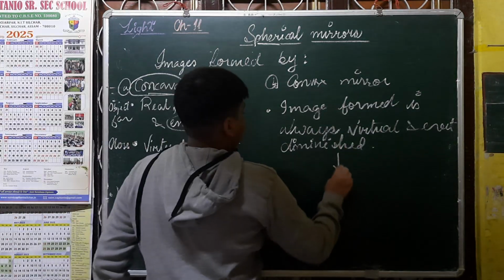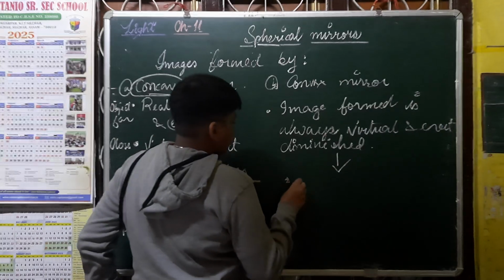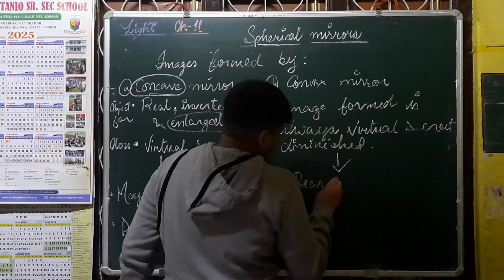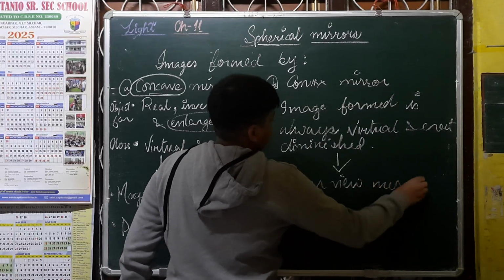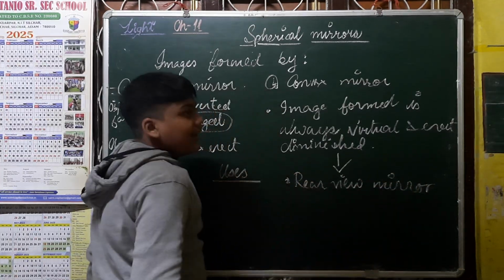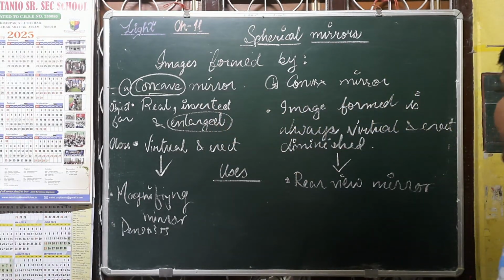And the convex mirror forms a smaller image, so it is used as a rear view mirror in cars, so that it can form a smaller image.